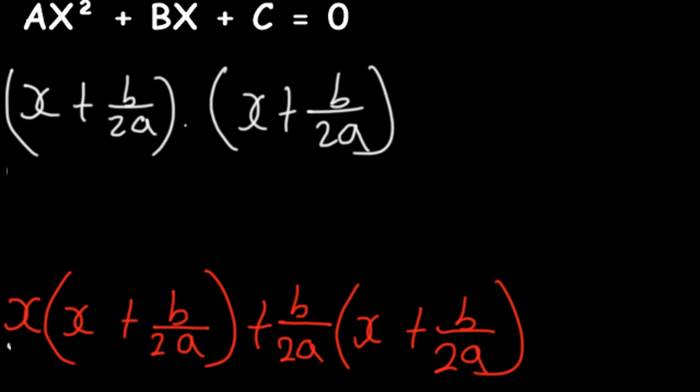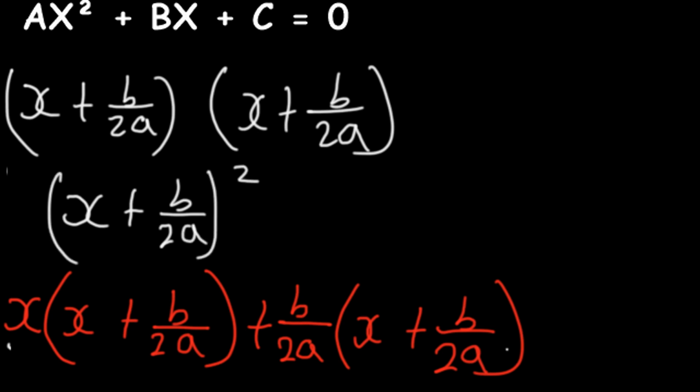They are like terms, and we have two common signs between them, which is the positive sign. So we can write this expression in this form: x plus b over 2a all squared. This is how we can compress the left hand side, that is, rewrite it in a smaller form.